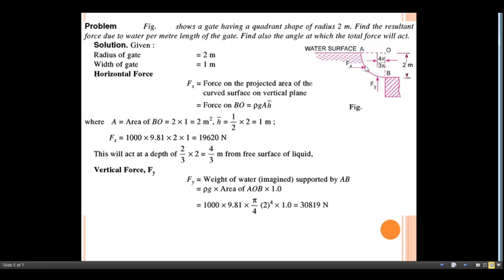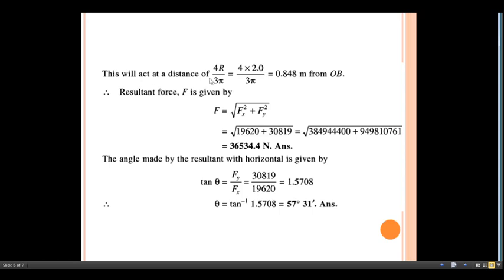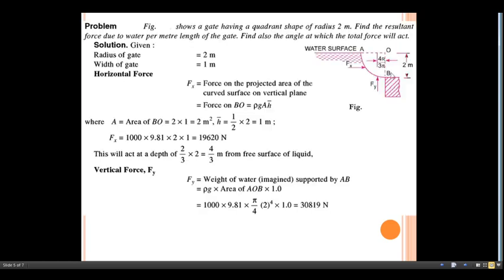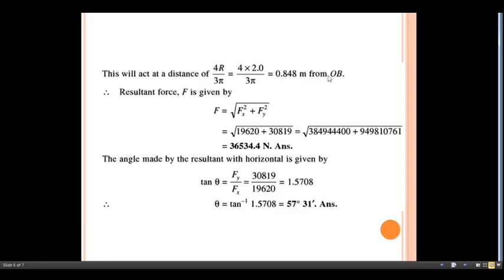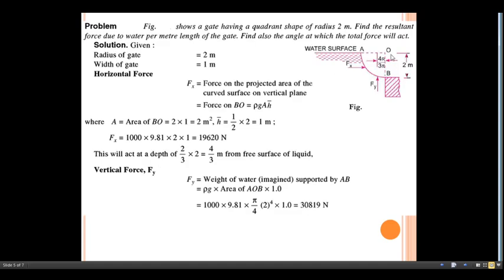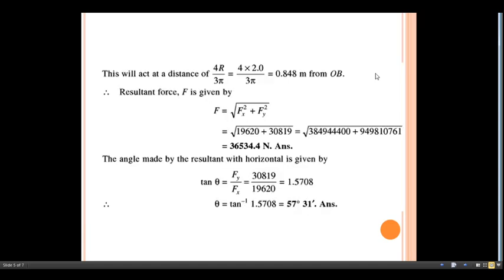Just remember the values for x bar and y bar. Similarly you can get the location of the vertical force with respect to this plane. The horizontal distance is 4r divided by 3 pi from the plane OB, and with respect to this you get the location of Fy.